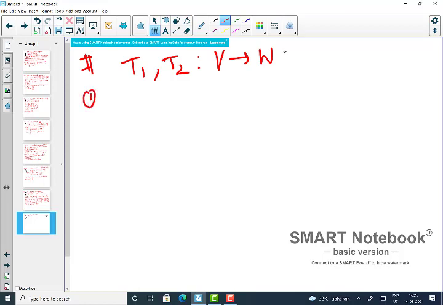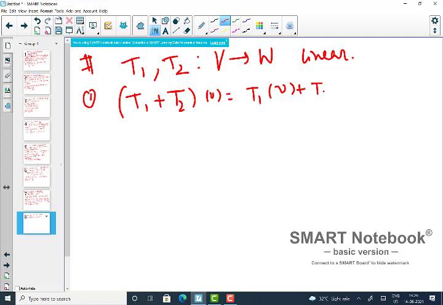Both are linear. Add means you just do this kind of individual addition. So this is the definition. Then is T1 plus T2 again linear or not?